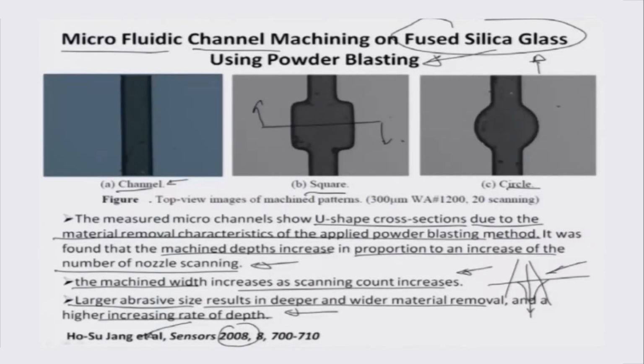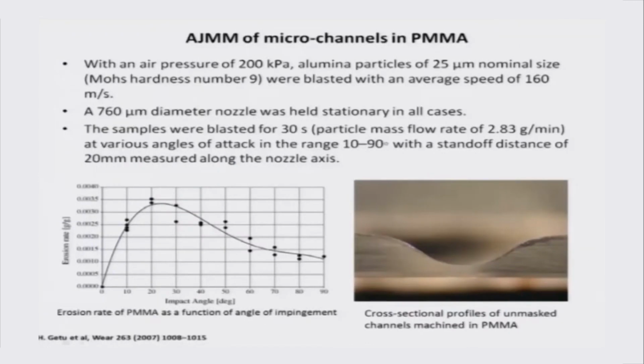So, this is another very wonderful example of micromachined patterns. Of course, the patterns correspond to about 20 scans on a surface, and the beam diameter used in this particular case is about 300 micrometers. This right here is another very interesting example of micromachining done in polymethyl methacrylate, PMMA.